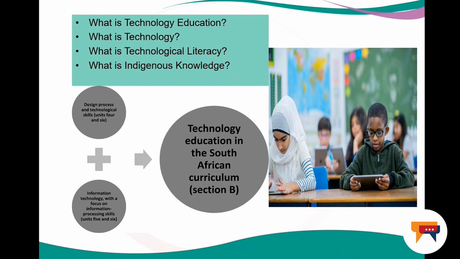So this is very important that you understand these policy documents, and within this chapter, you will have a better understanding of what technology education is, what is technology, technological literacy, and indigenous knowledge. So please be aware of these concepts and take in as much information as you can so that you are able to give a good understanding and be able to give examples within these concepts.